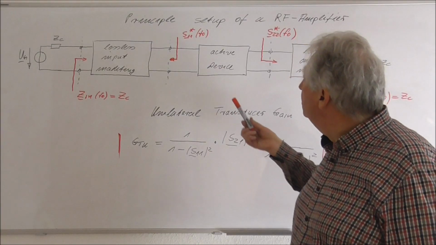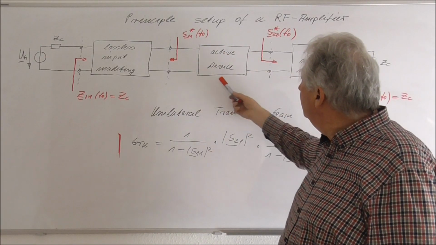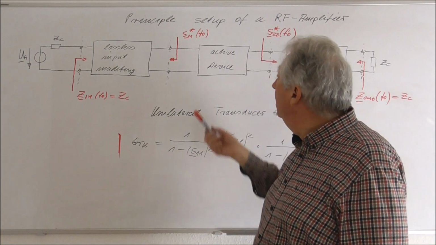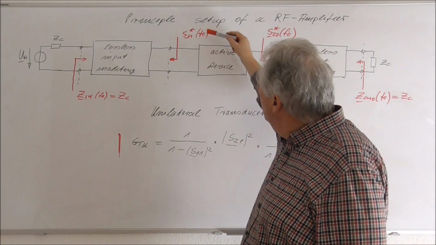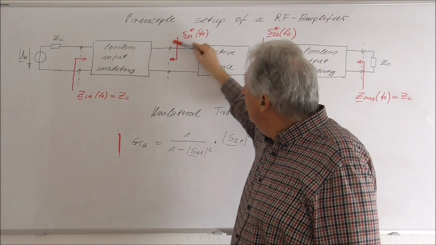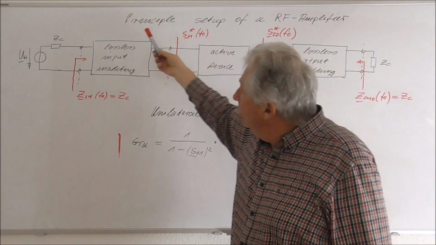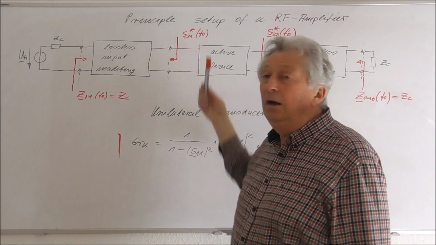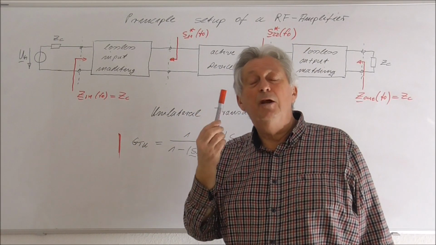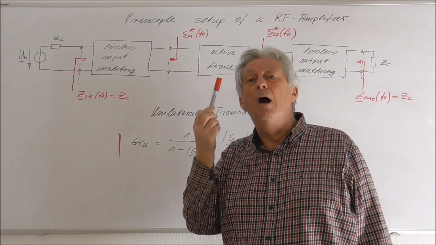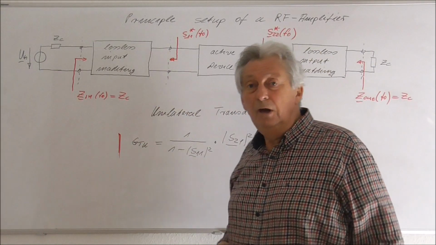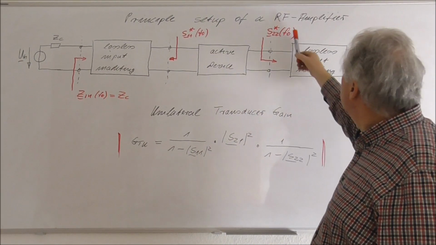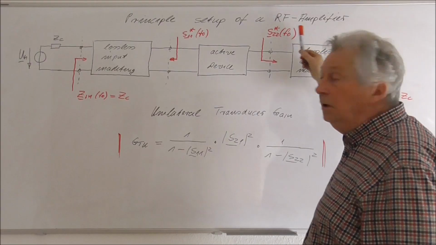In this case, we saw that if I have the active device and if I want to have a maximum in the power gain, I have to have that the load impedance must result in a reflection coefficient which is equal to S11 conjugate complex, and the same is true for the load impedance.